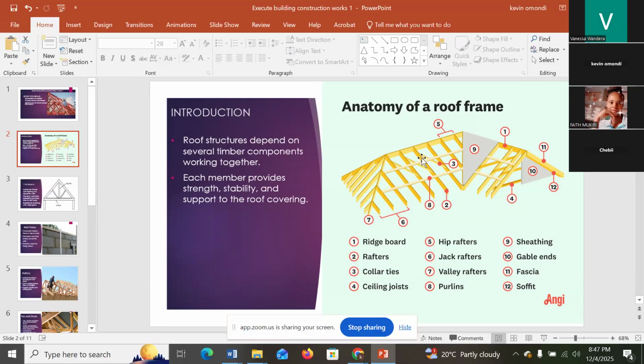is an activity I want us to engage in. I'll pick some people who will engage in an activity so that you identify some of the components that you know, or any component that you know on a roof.